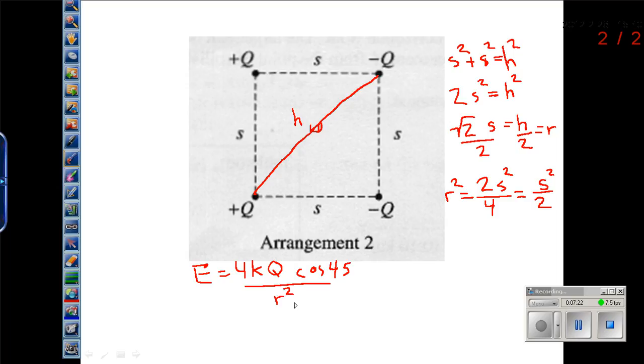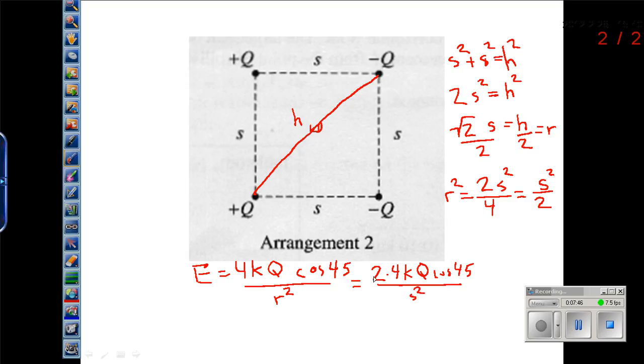Well, this is essentially multiplied by 1 over r squared, which means we invert that fraction. So now we're going to have 2 on the top times 4, and then kq cosine 45 divided by s squared.